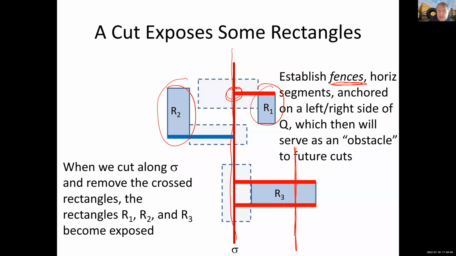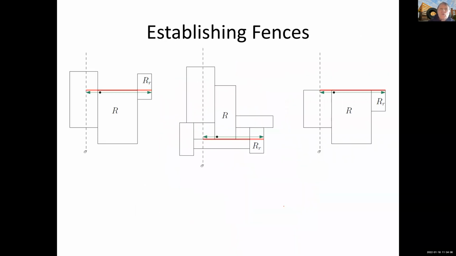Fences become constraints. So when we make a cut here, the newly exposed rectangle R establishes a fence along its top edge, the corner that's becoming exposed, and we extend it one more rectangle over, let's say. Later we'll extend it more than one to improve the constant factor, but say its neighboring rectangle R sub R. So we go 1 over. So we extend the fence a little bit further.